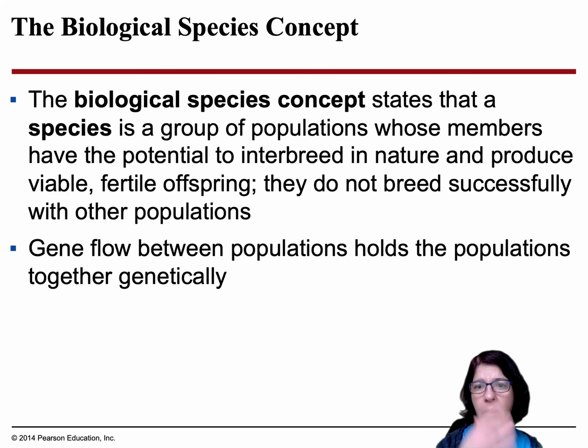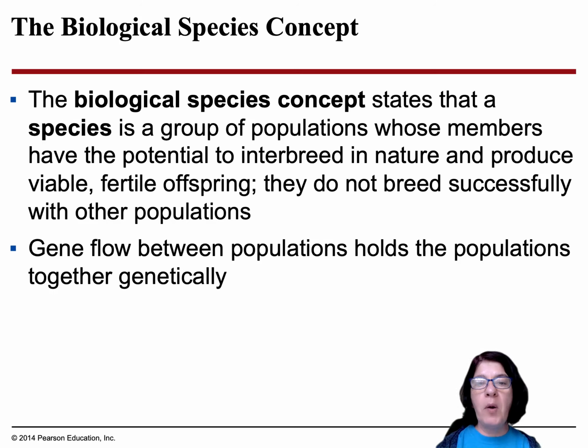The biological species concept states that a species is a group of populations whose members have the potential to interbreed in nature and produce viable and fertile offspring. These populations do not breed successfully with other populations. So by definition, if two populations cannot breed successfully, then they are different species.